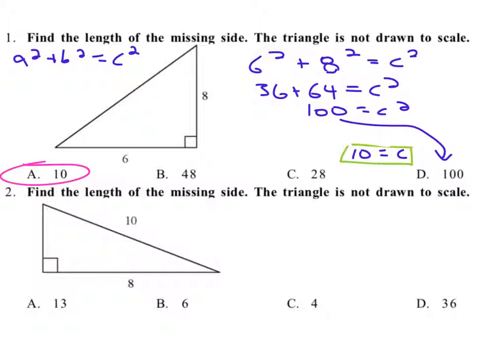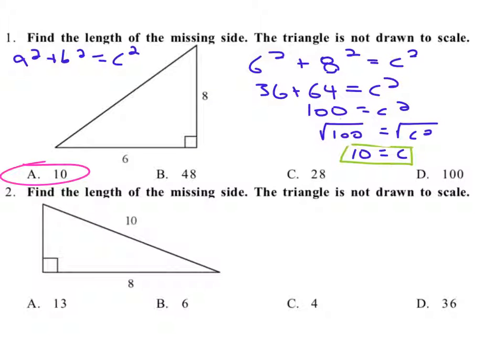And you've got to know that that's not the actual length of the side. That's the length of the side when you square it. So when you get to this point, you have to square root. It would be really silly for you to miss that when you've done all the math correct. So don't forget that you've got to then do root 100 equals the square root of c squared, which results in our answer.